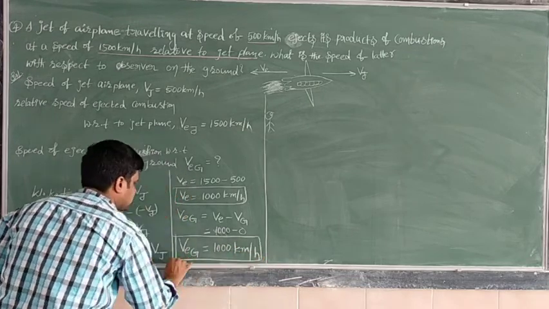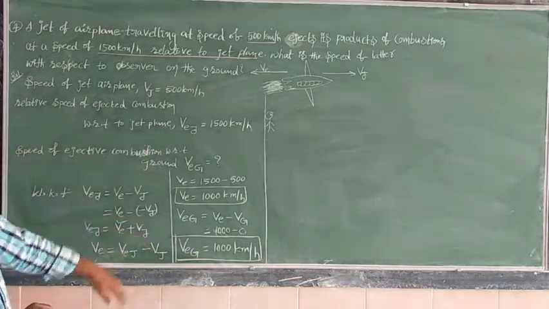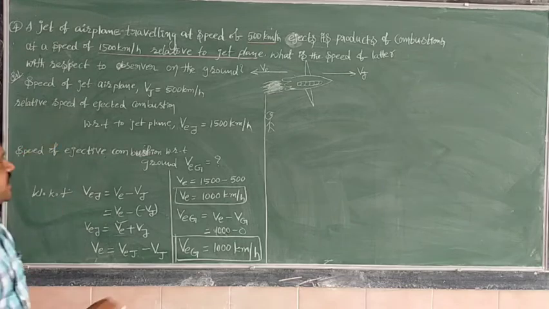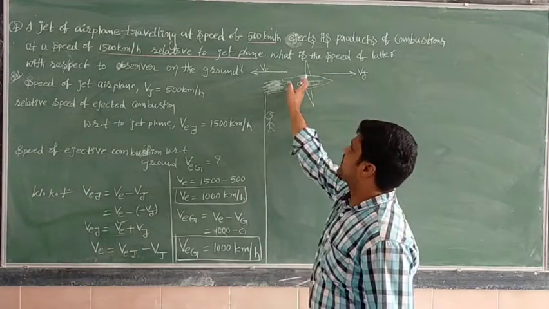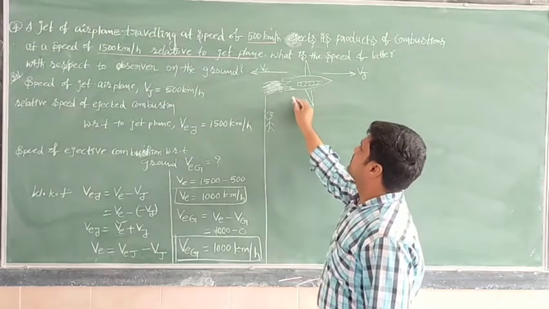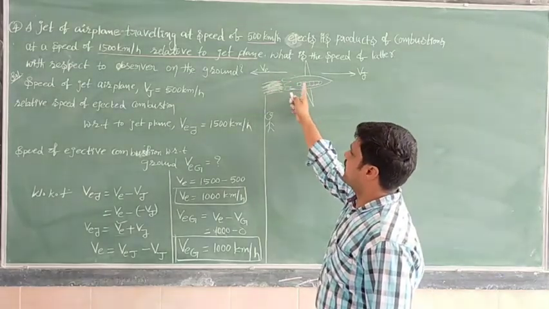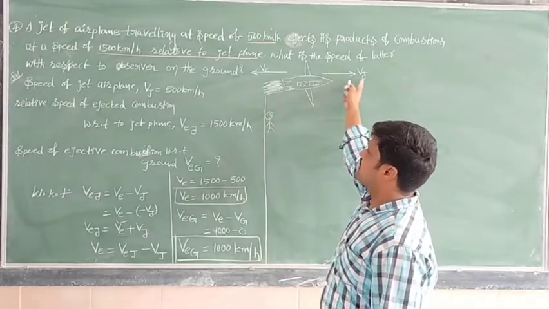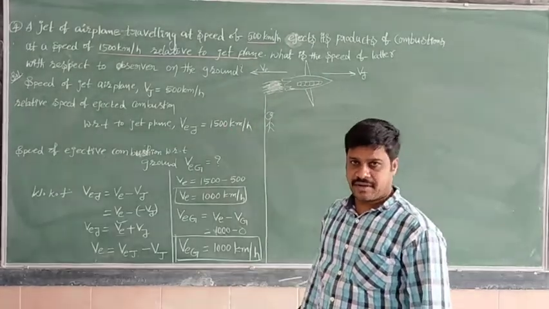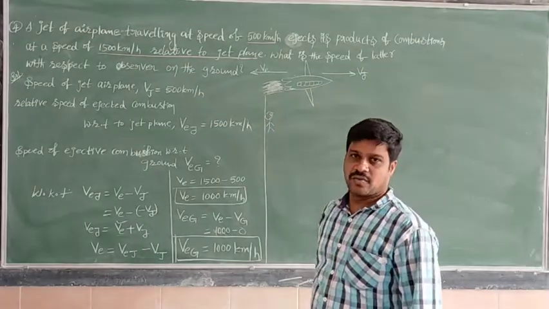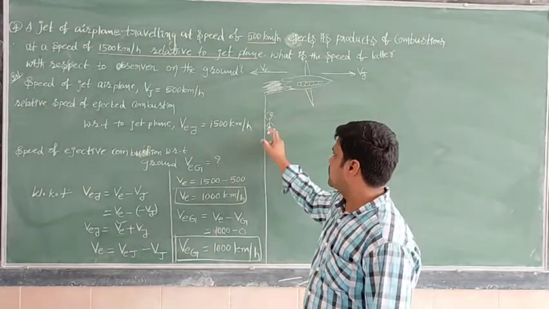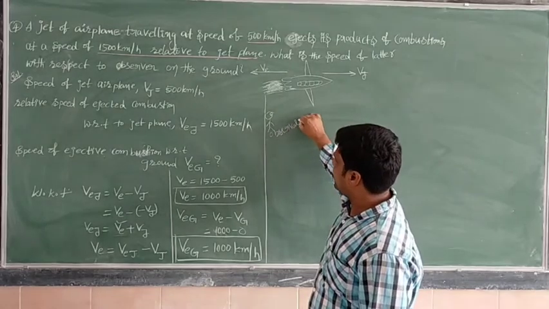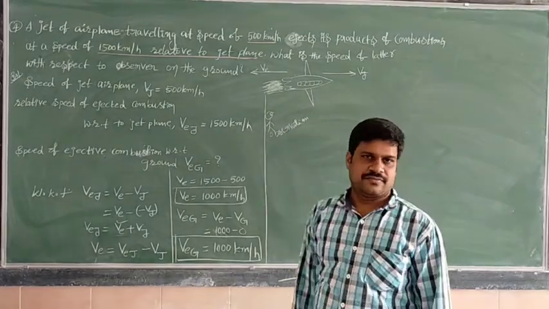This is a relative velocity concept problem. See, the jet aeroplane moves in this direction, and the ejection in this direction. The speed of ejection with respect to the airplane is 1500 km per hour, the speed of the jet is 500 km per hour, and we have to find the speed of the ejection with respect to the observer on the ground. I hope that's clear.